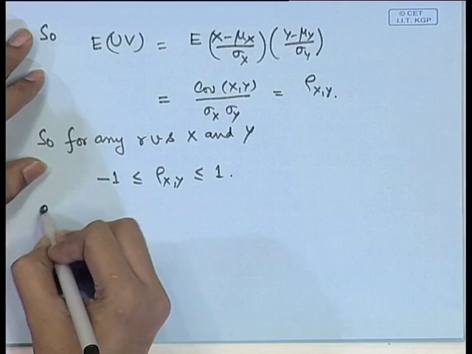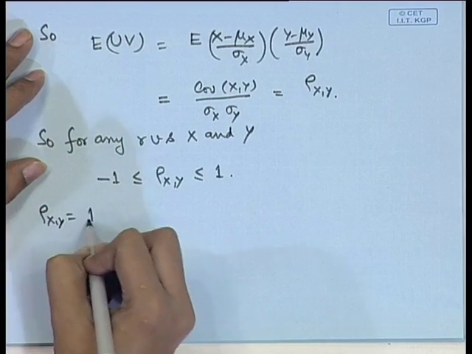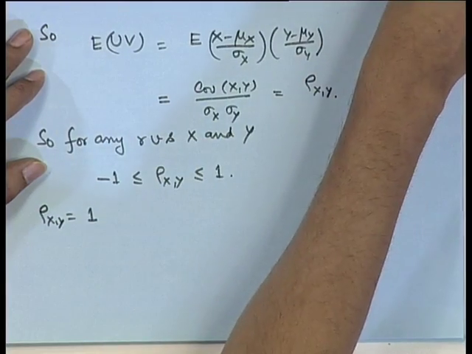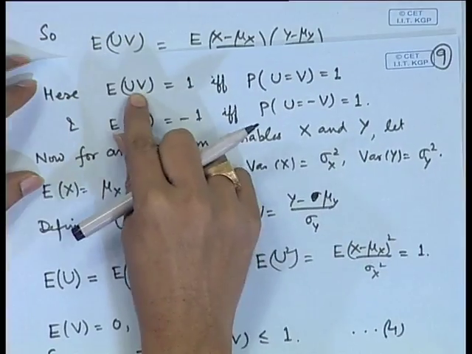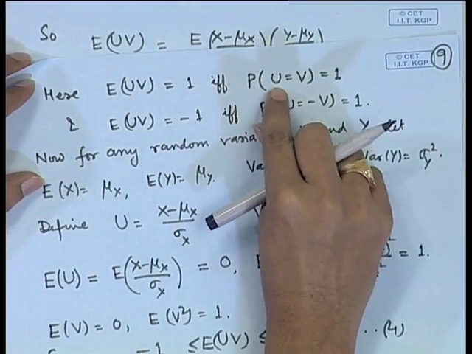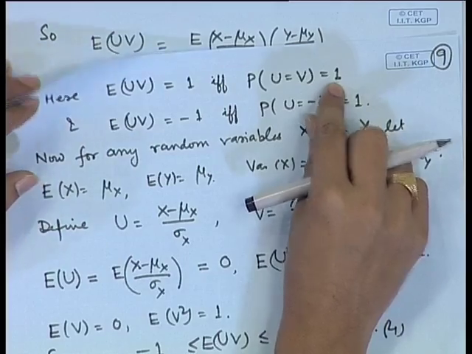Now, rho x y is equal to 1. So, we look at the conditions for attaining the equality. Expectation of u v was 1 if and only if probability of u is equal to v is 1.